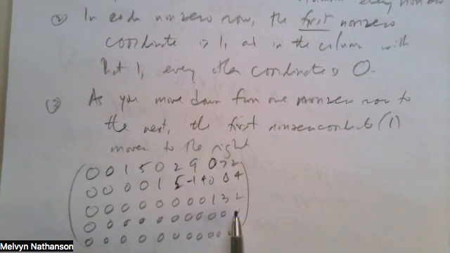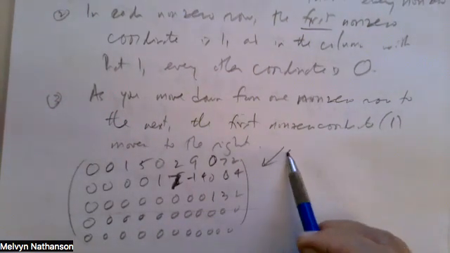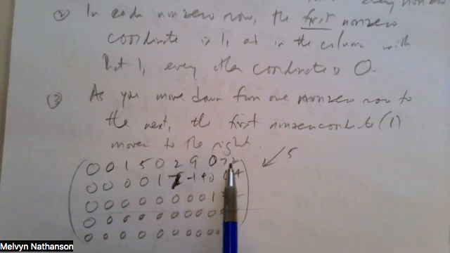Okay, so this matrix is in reduced row echelon form. First of all, how many rows and columns? 1, 2, 3, 4, 5. So this is a 5 by, and how many columns? 1, 2, 3, 4, 5, 6, 7, 8, 9, 10.